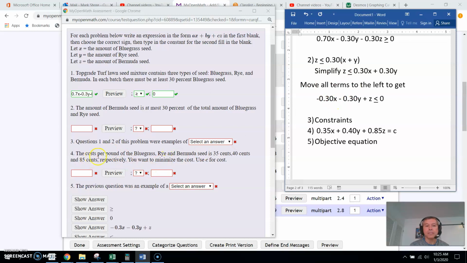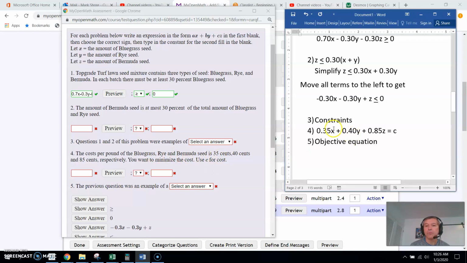Well, question 4, it says the cost per pound of the bluegrass, rye, and Bermuda seed is 35 cents, 40 cents, and 85 cents respectively. You want to minimize the cost, so use C for cost. So we need to type in over here an objective equation, where you're either minimizing or maximizing. So it's 35 cents for the bluegrass. Bluegrass was x. 35 cents is 0.35.